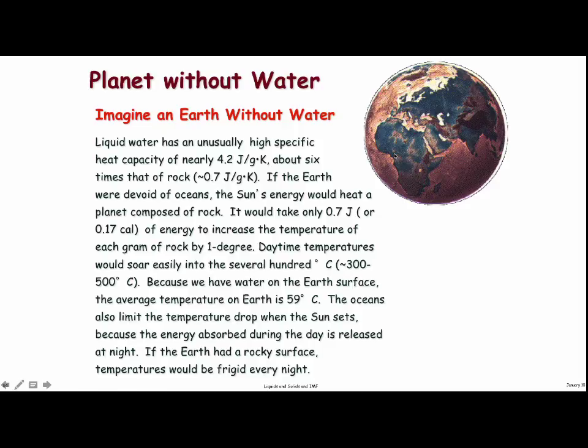The average daytime temperature would be 300 to 500 degrees Celsius. At nighttime, the temperature would drop drastically, because that energy that the surface received would just bounce off to outer space. So the water on planet Earth is really important.